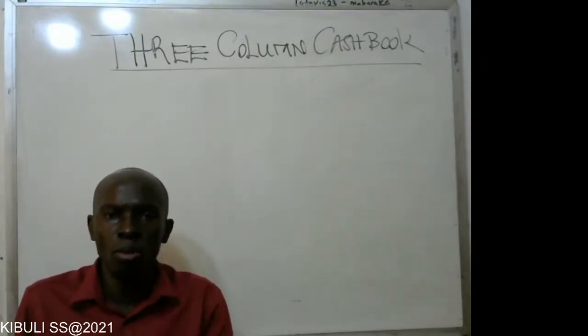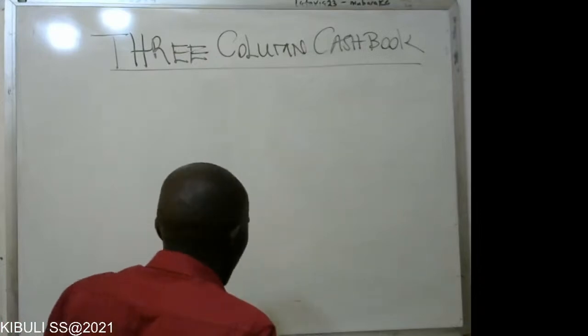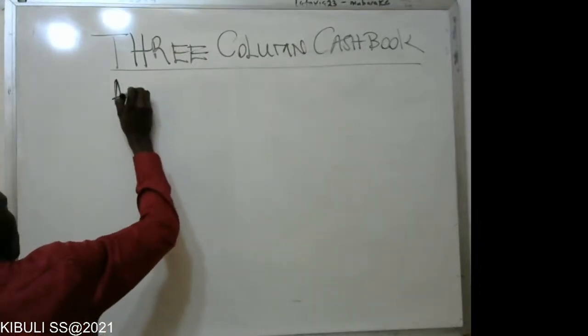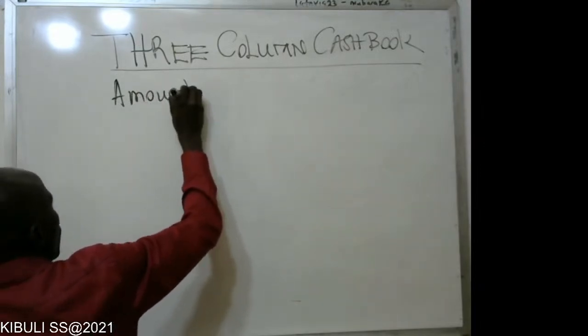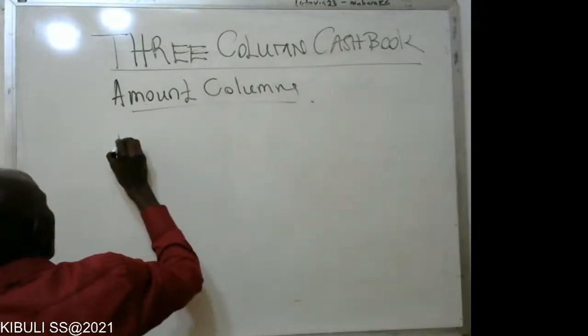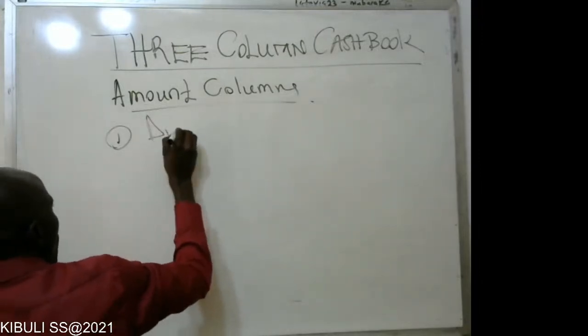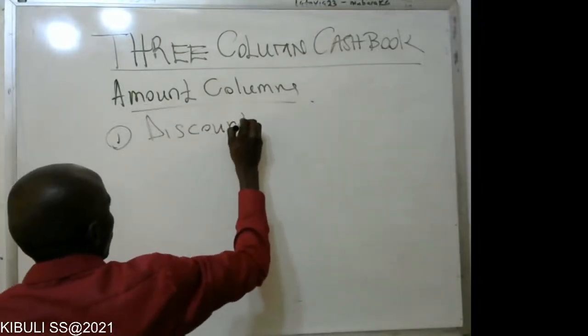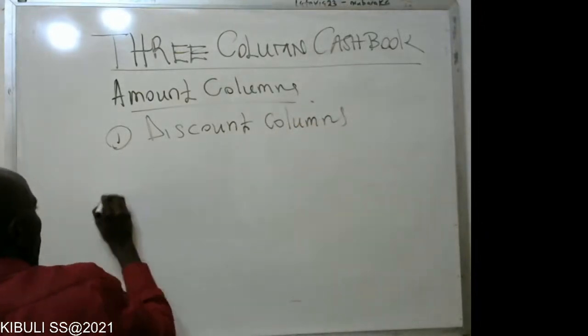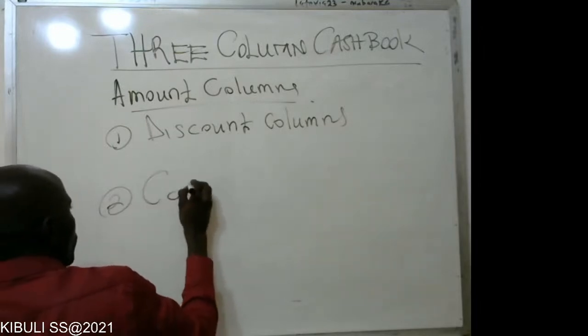What are those columns, class? The columns making up a 3-column cash book, the amount columns, include the first one, we have the discount columns. Then we have the cash column.